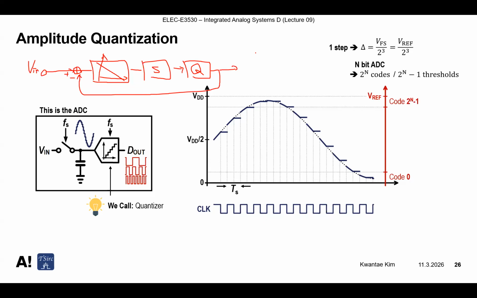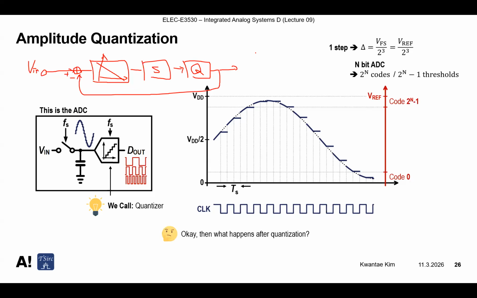There is also this kind of ADC, which is called a delta sigma ADC. But in this slide, we call it a more generic ADC that includes a flash ADC, a successive approximation ADC, which we will discuss in later lectures.